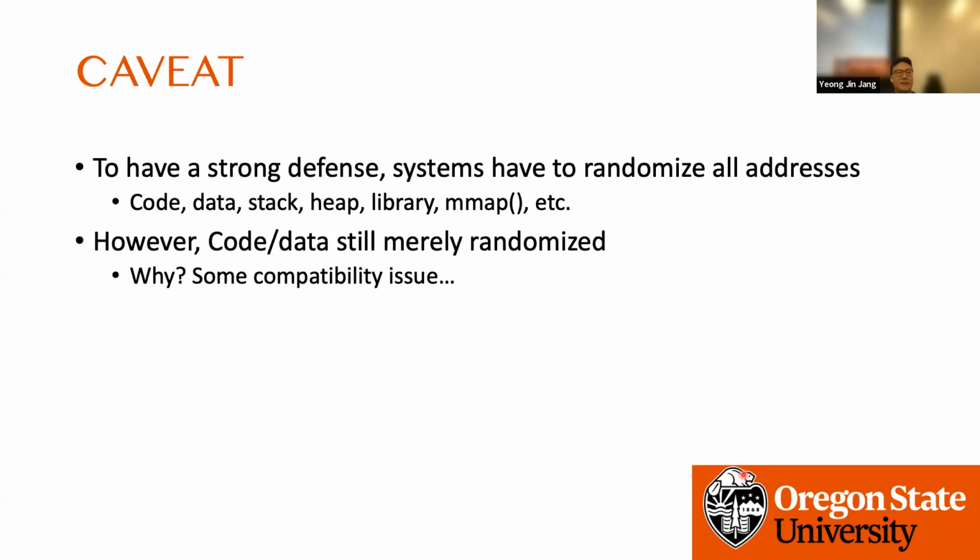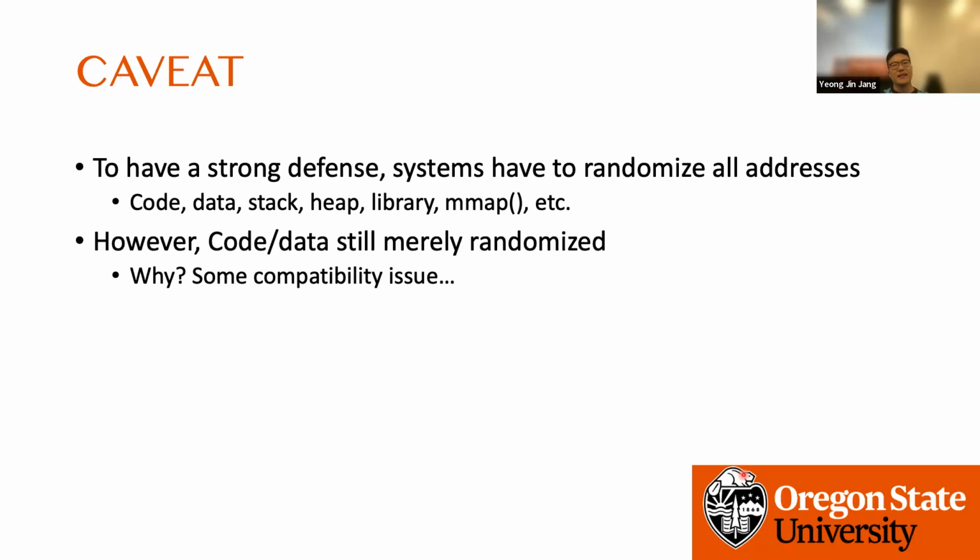So, to apply ASLR correctly, we need to apply ASLR to all the regions. That means the program's code and then program's library, stack, heap, and then future mmap. mmap is a memory mapping functionality in the Linux kernel. So every time we create a new address space, the address space needs to be randomized.